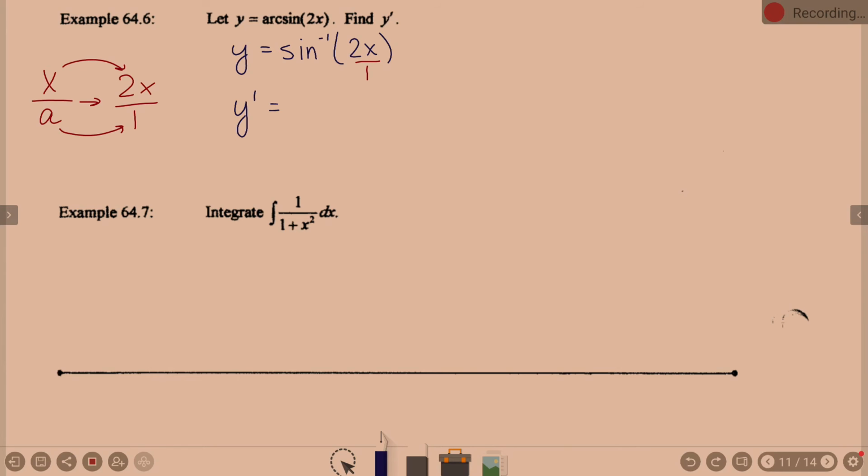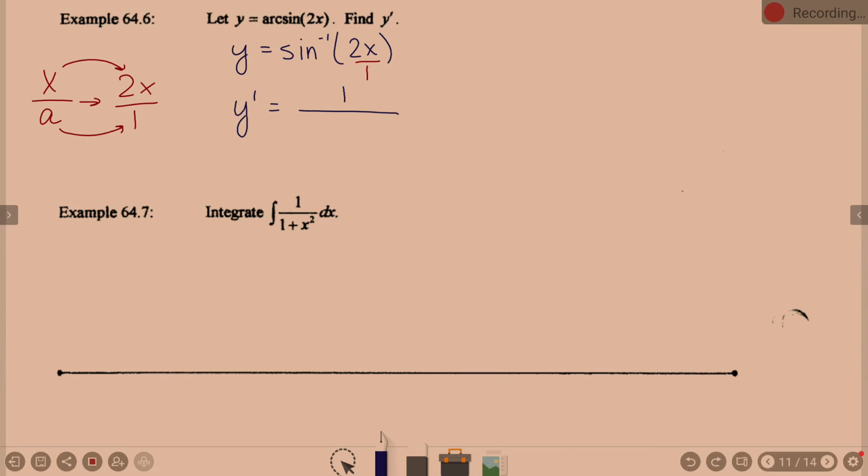We're being asked to find y prime, the derivative of sine inverse of something. If you look up top, it says derivative of sine inverse of x over a, so derivative of sine inverse of 2x over 1. On top of the fraction is going to be a 1, right?